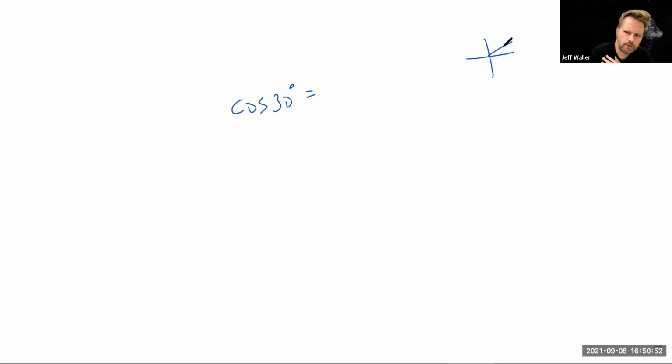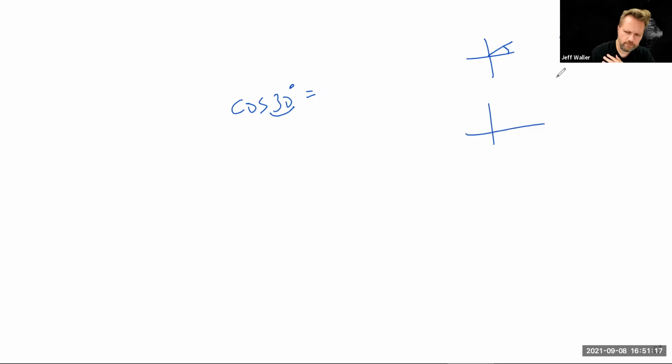It's closer to the x. So is cosine like x? I want to say pi over 2. No. Pi over 2 would be an angle measurement. So 30 degrees would be pi over 6.